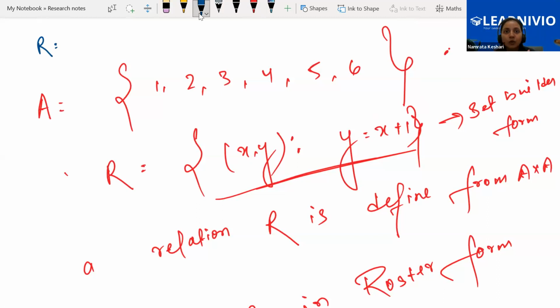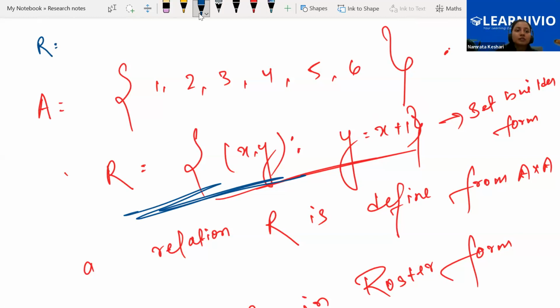We are not going to write all the possible ordered pairs. Yes, the relation comes from the Cartesian product only, but every time we will not be listing the Cartesian product. We will be doing it directly.